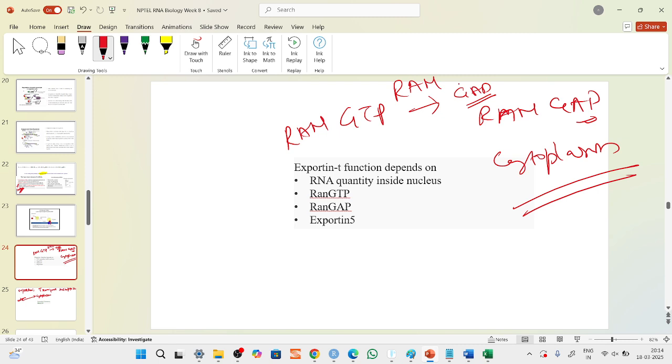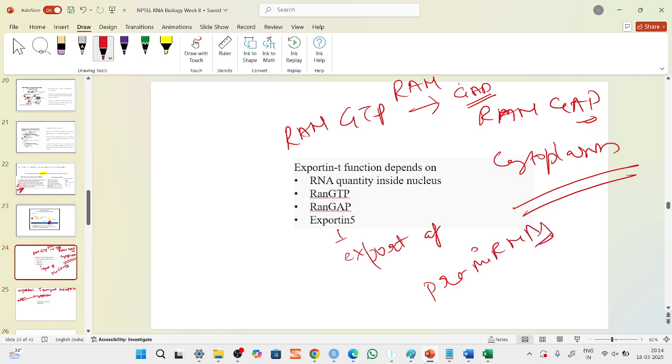Okay, then I come to the next one, exportin 5. Why can exportin 5 not be the answer? Because exportin 5 is specifically involved in the export of pre-miRNAs only.